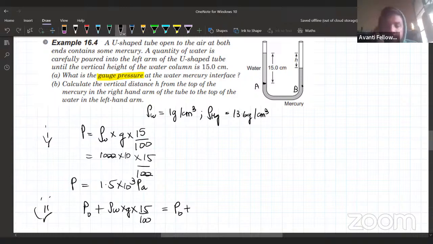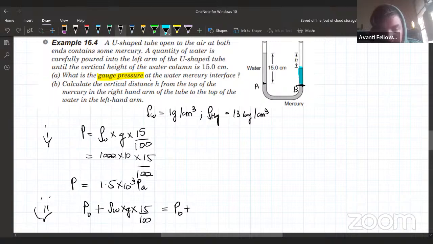Yeah, got it. So P naught, at this point we have to calculate the pressure. So P naught plus the pressure due to this mercury part, I'm shading it blue, that will be equal to rho of mercury into g into this length. Can I say this length is 15 minus h?